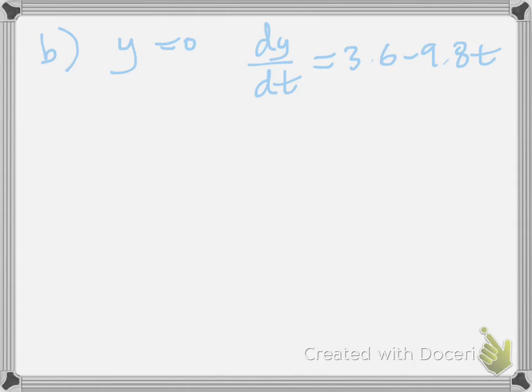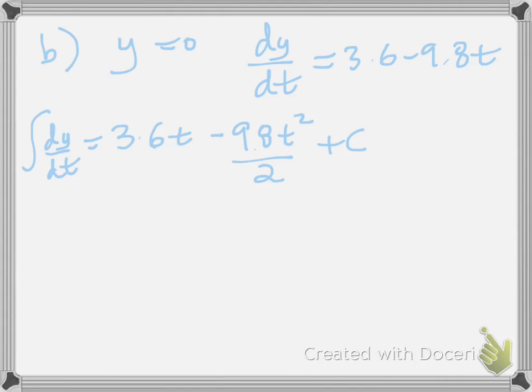So you're going to need to integrate that. And so what I did was I got 3.6t after integrating. And we're given that at time equals 0, the y value is equal to 11.4.